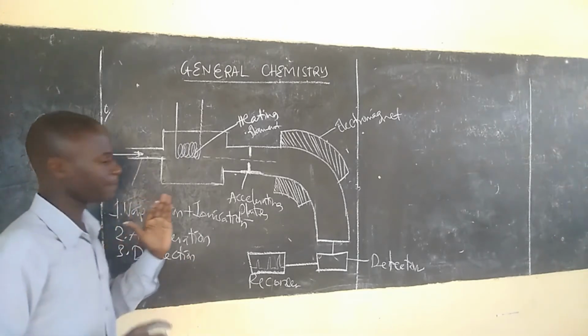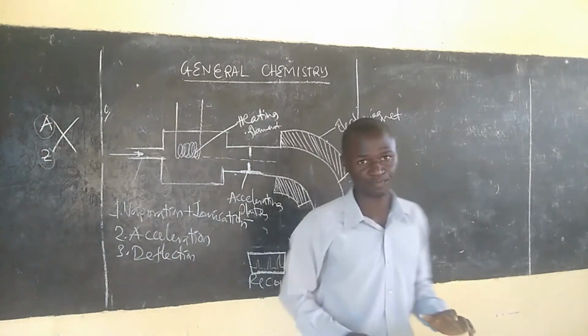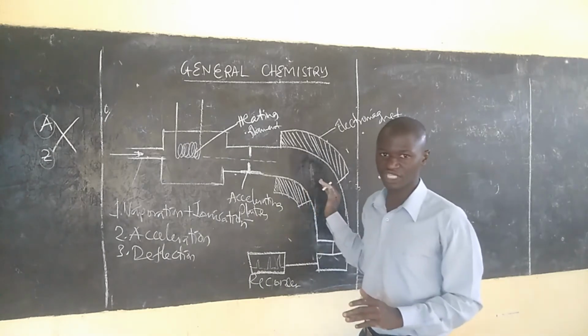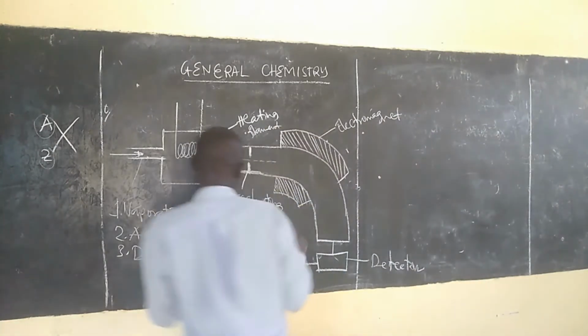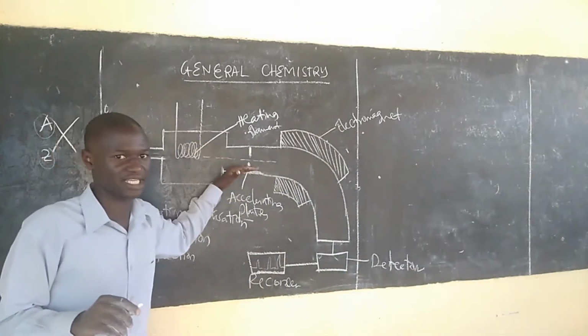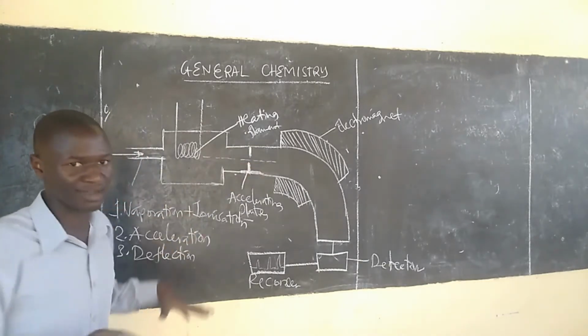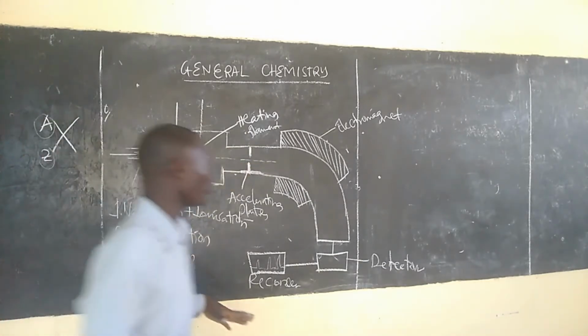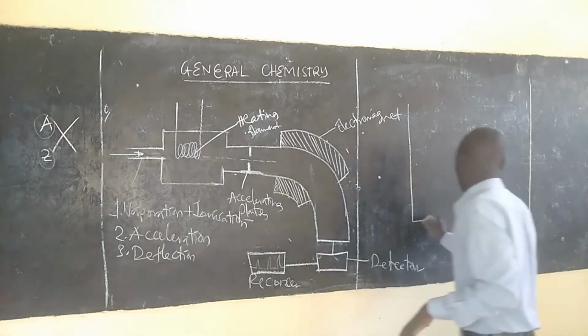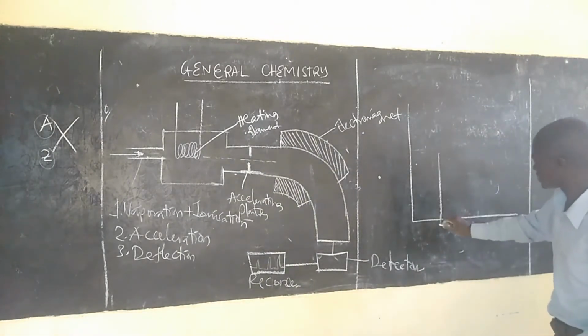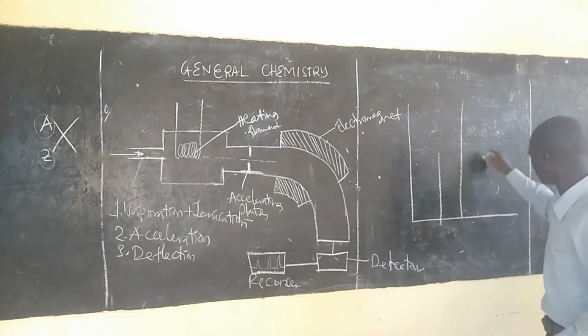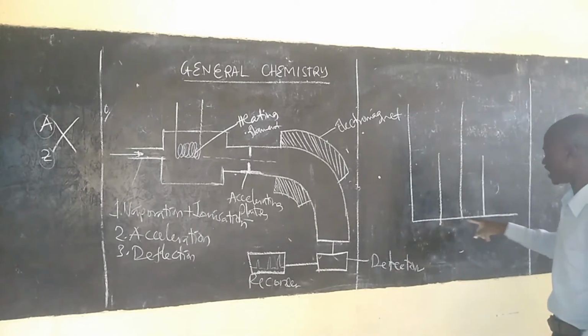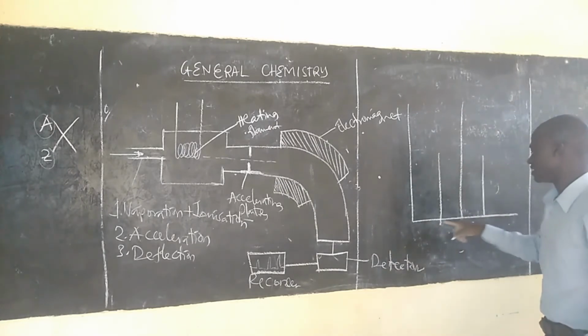So in the deflection, here we have the deflection system. What happens in the deflection is that hapa tunakuwa tuna ions nyingi zimekuja, lakini kwa sababu tunataka mwisho wa siku tupate a graph like this with different peaks, and these different peaks, they have different isotopic masses.